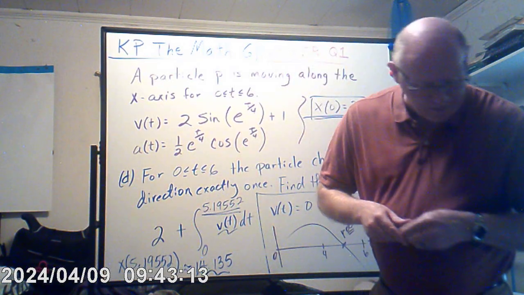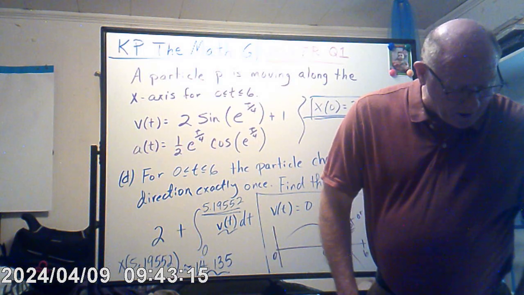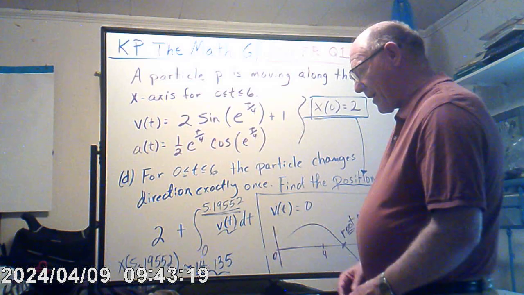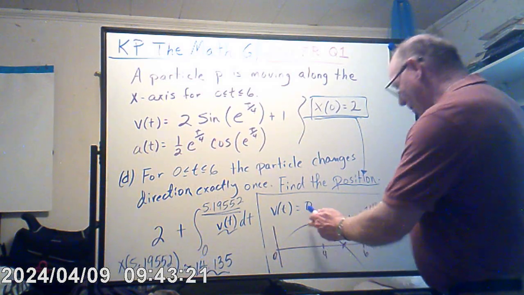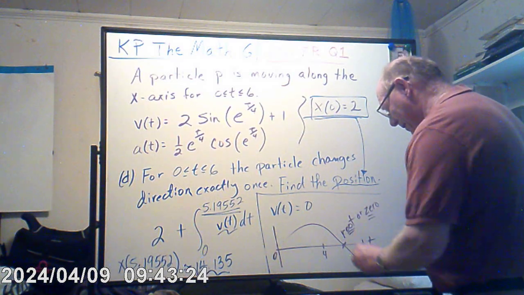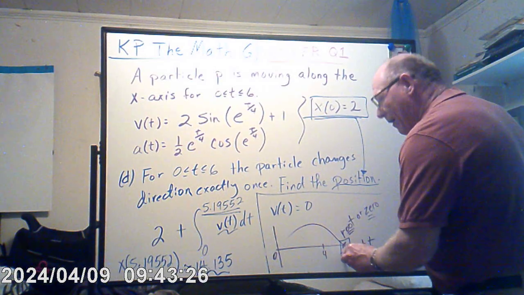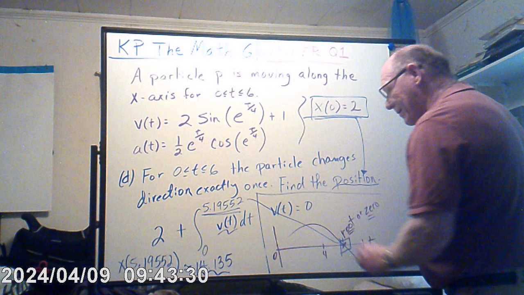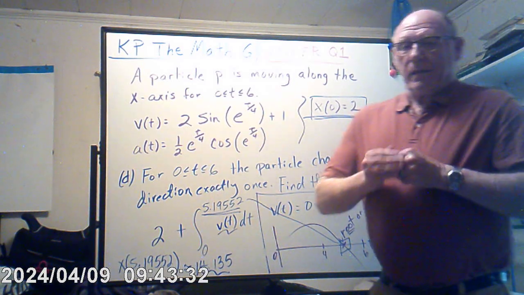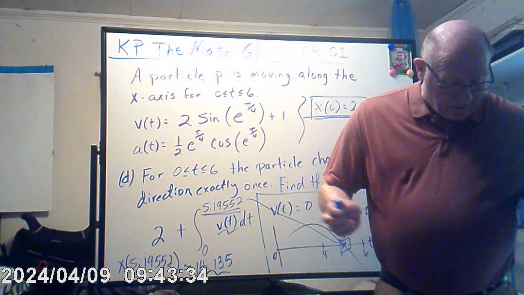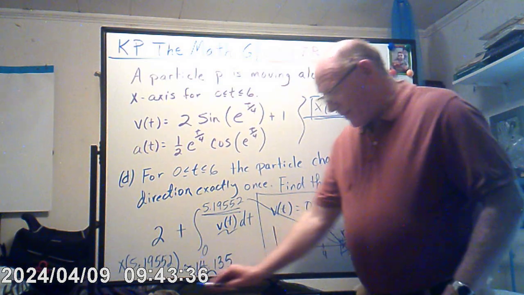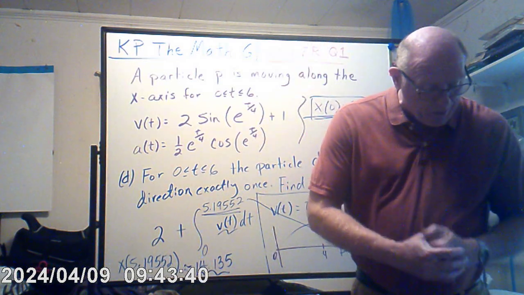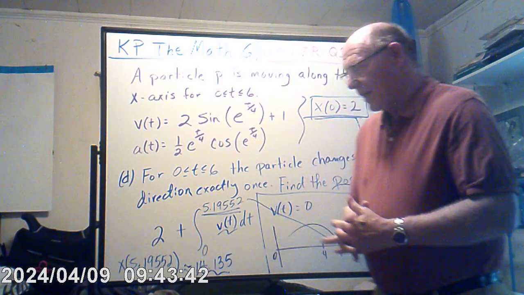Find the position of the particle at that time. That time would be where we find this right here, that's this number right there. Those are problems that could occur on that test, and you need to be familiar with those types of problems.